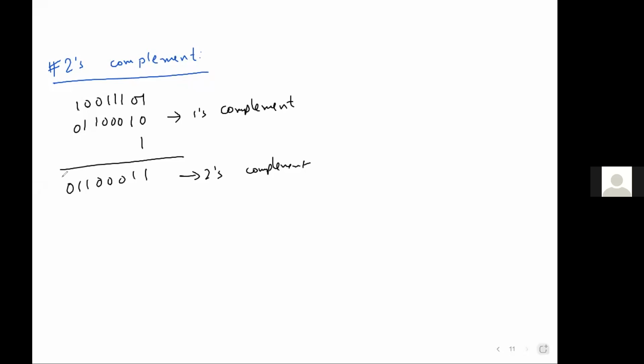Now let's see another topic, that is hex addition. Are you guys familiar with this hex addition? No, sir. Okay, let's take 2 hex numbers.